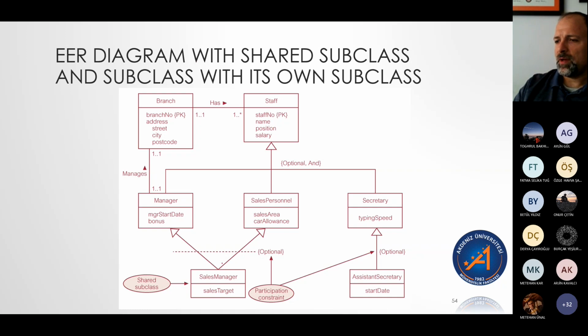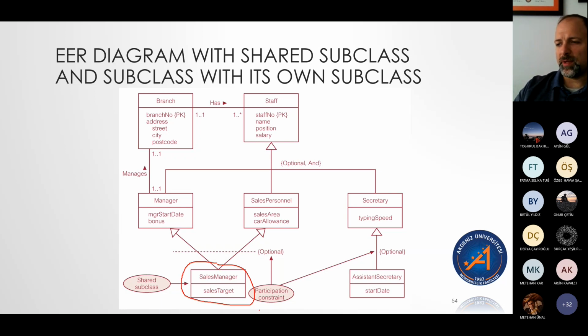Notice here we have a sales manager could be a child of both a manager and a salesperson, where we have a special attribute that is only for those staff that are both a manager and a sales personnel. So it inherits from both of these.